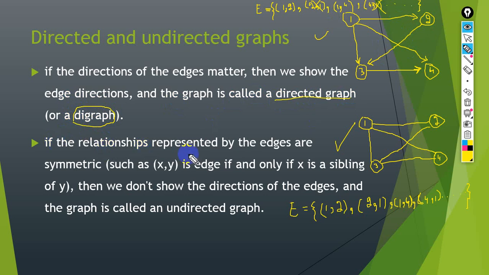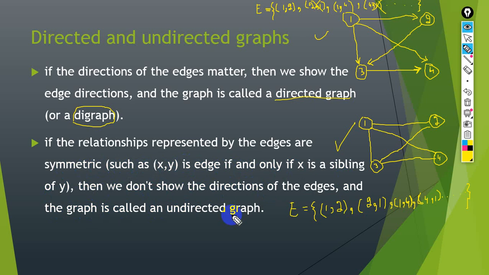If the relationship represented by the edges is symmetric, such as xy is an edge if and only if x is a sibling of y, then we don't show the direction of the edges and the graph is called an undirected graph.